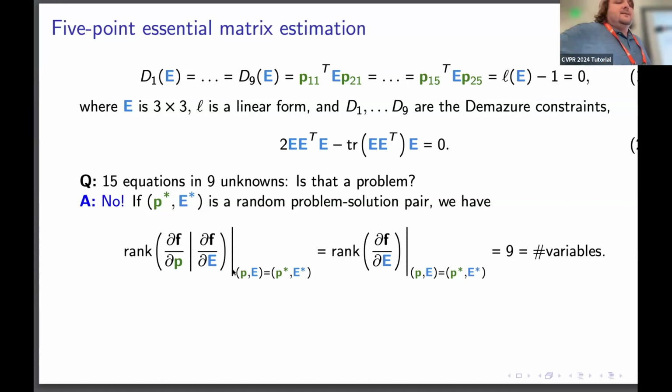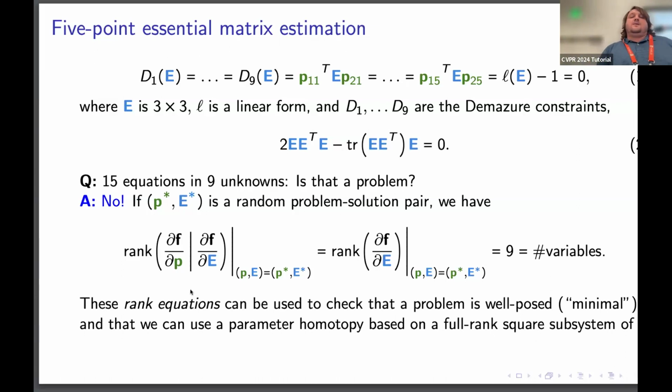So when you check that this augmented Jacobian has rank 9, that's essentially what you're doing. This is just an automatic way of counting parameters and checking your problem is minimal. But you don't even have to know about all that stuff. You just compute the rank of this Jacobian, and it'll tell you.